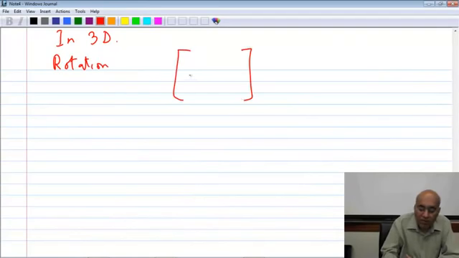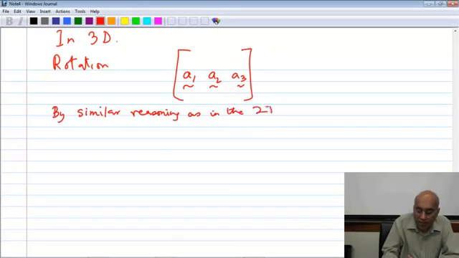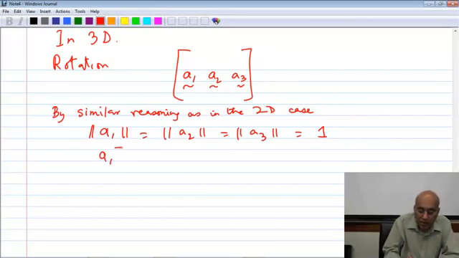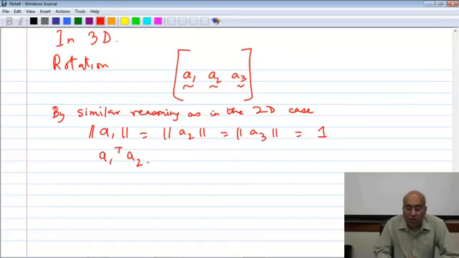So we are going to have again a matrix with 3 column vectors A1, A2, A3, and by similar reasoning as in the 2D case, the length of each of these column vectors is going to be 1, and the dot product of any 2 of them is 0.